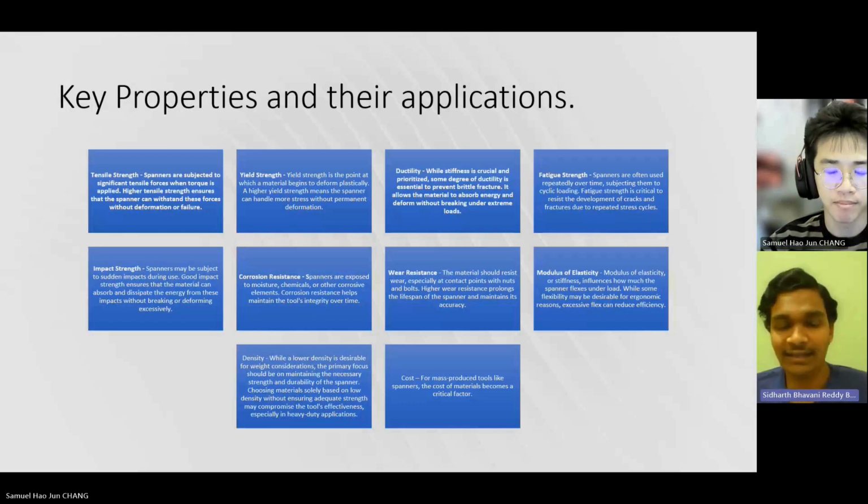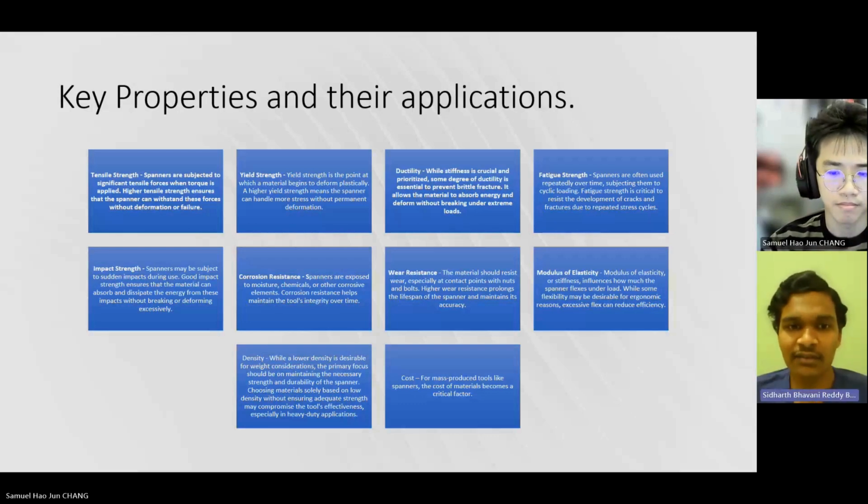Modulus of elasticity, or Young's modulus, is important. While flexibility is favorable due to ease of use, excessive flex can reduce the efficiency of the spanner. So a moderate Young's modulus should be good while choosing a material for the spanner.